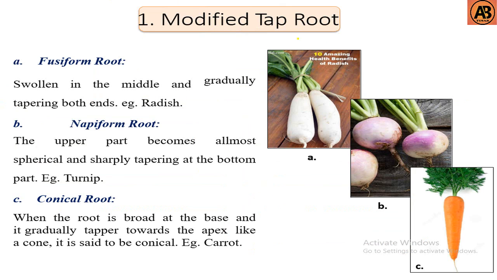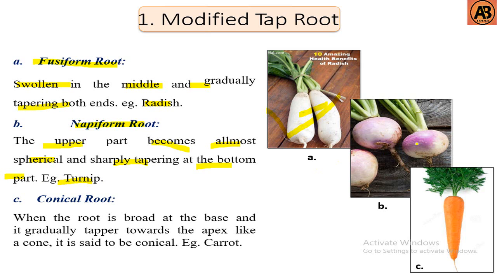First one is modified taproot, fusiform root. Swollen in the middle and gradually tapering at both ends, such as radish. This is fusiform root, swollen in the middle, tapering at both ends. Then the second one is napiform root. Upper part becomes almost spherical and sharply tapering at the bottom, such as turnip.